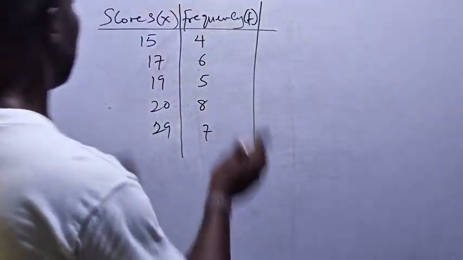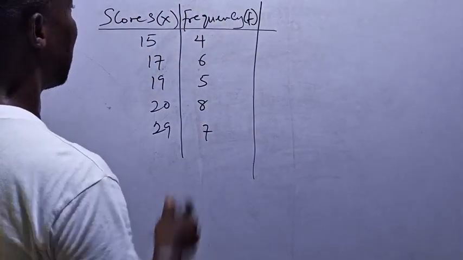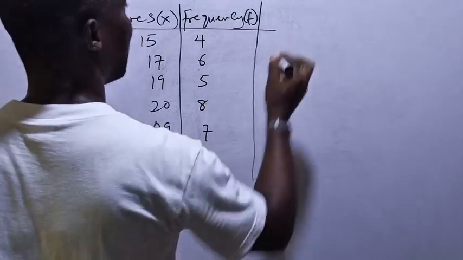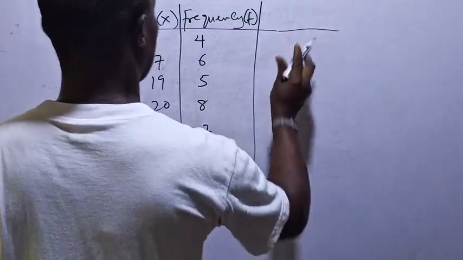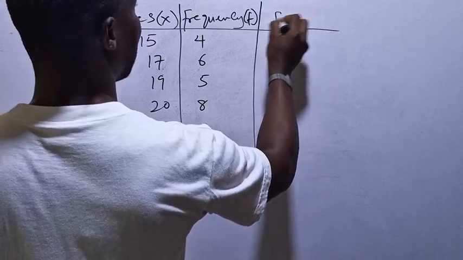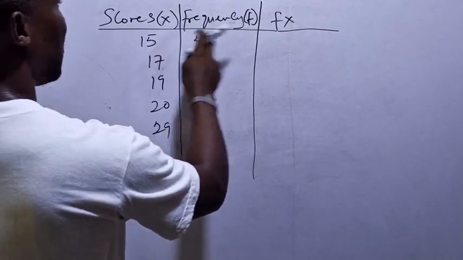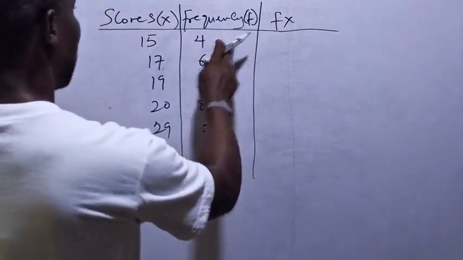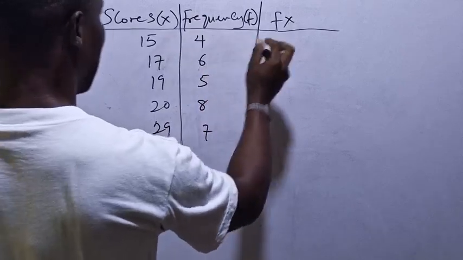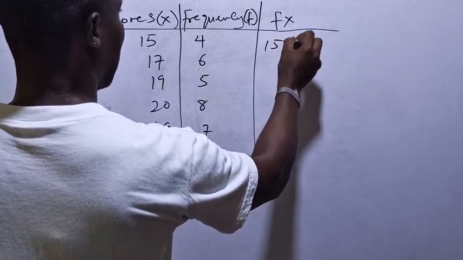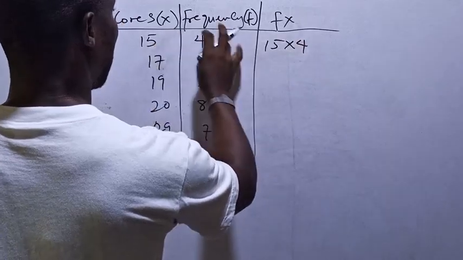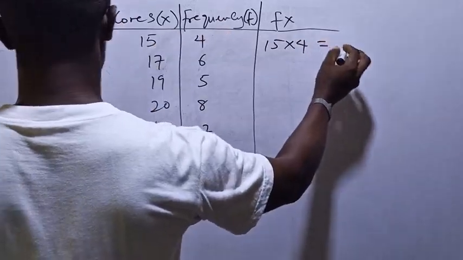Now this is simple. Instead of us writing another table, just extend this table. We'll call this fS, the multiplication of the scores and the frequencies. We have 15 by 4, that's the scores multiplied by the frequency, we have 60.